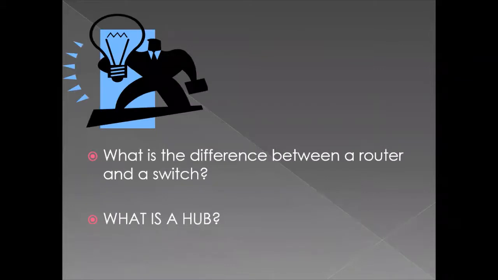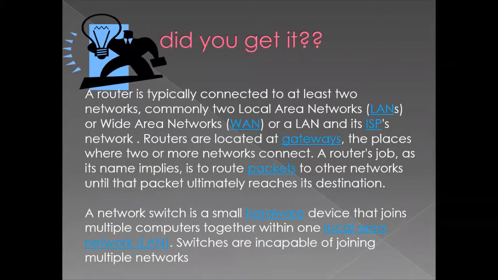Next one. A router is typically connected to at least 2 networks, commonly 2 local area networks or wide area networks, or a LAN and its ISP's network. Routers are located at gateways, the places where 2 or more networks connect. A router's job, as its name implies, is to route packets to other networks until that packet ultimately reaches its destination.